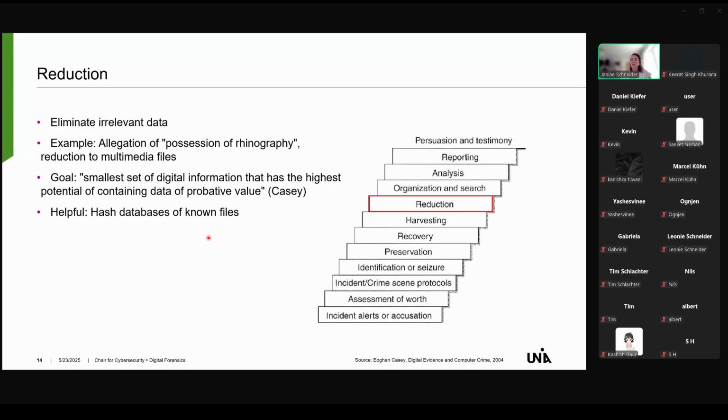And in future cases, you can compare your hash with the hashes from the database, and then you know already, okay, this is a child pornography picture. You don't have to have a look at it. You don't have to investigate it further because everything that is known about this picture is already there.